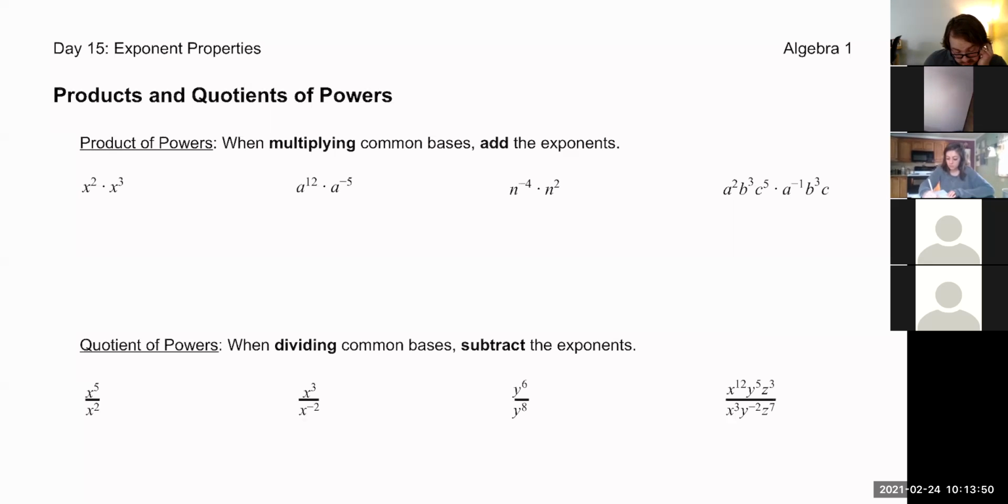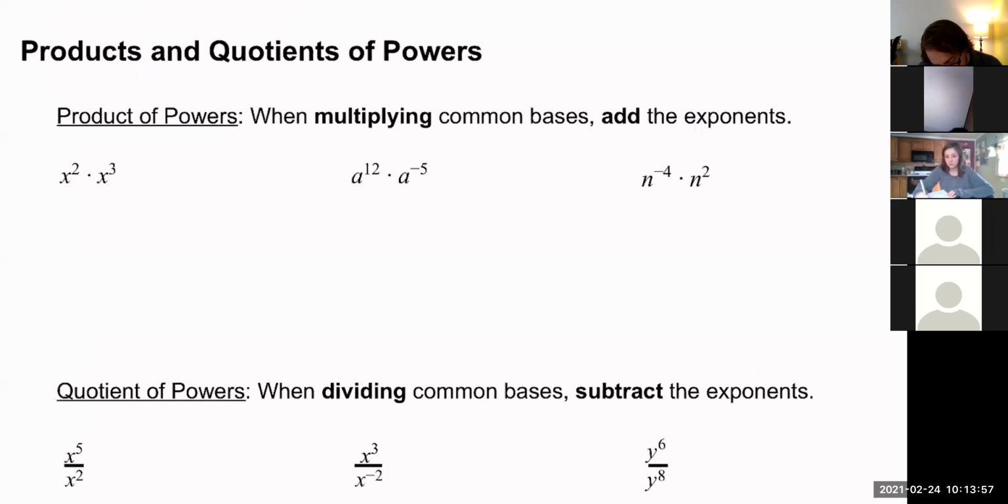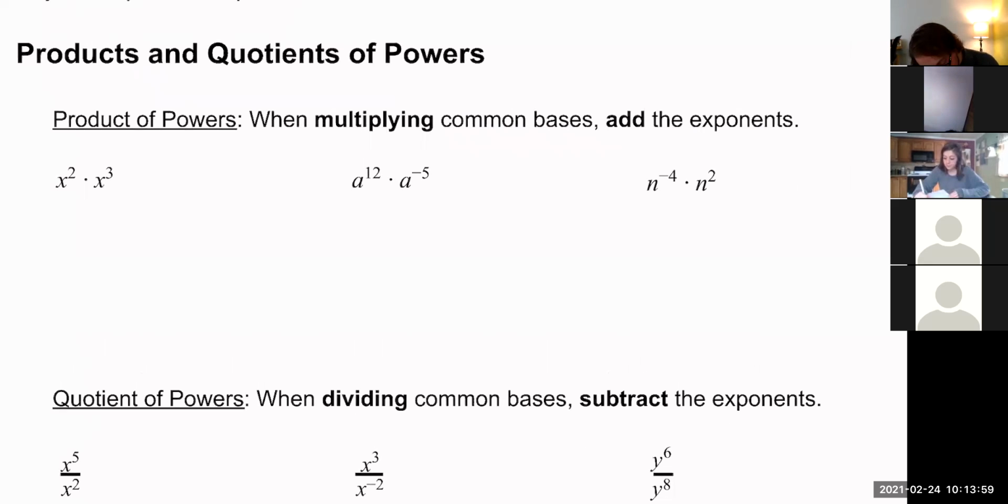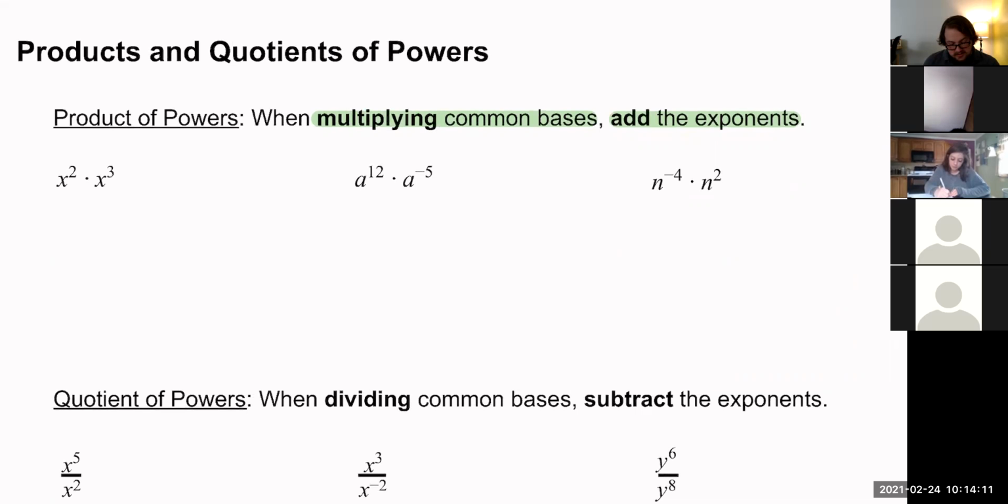So the first property we have is called the product of powers. The product of powers states that when you are multiplying common bases, you add the exponents. So let's see that in action.